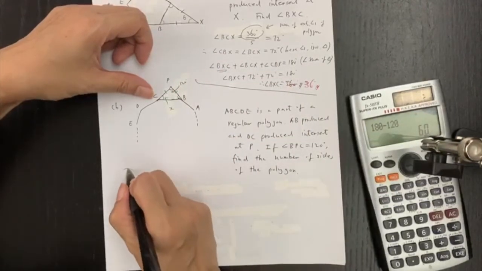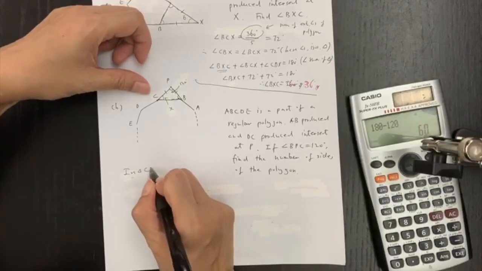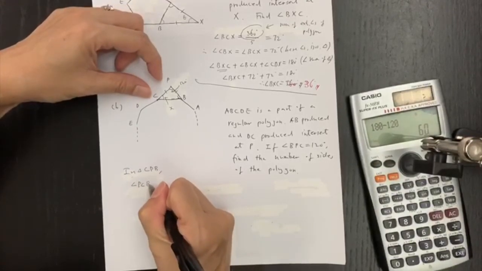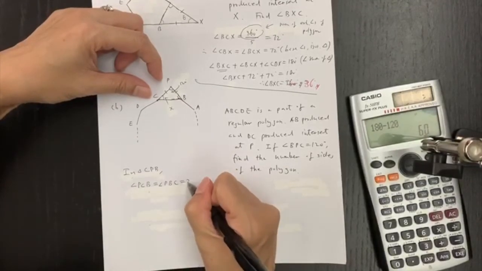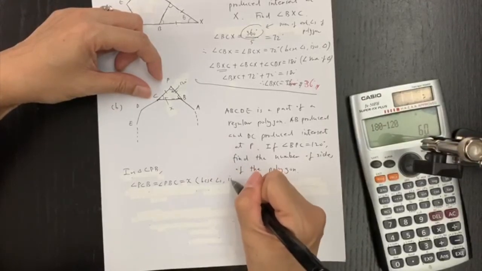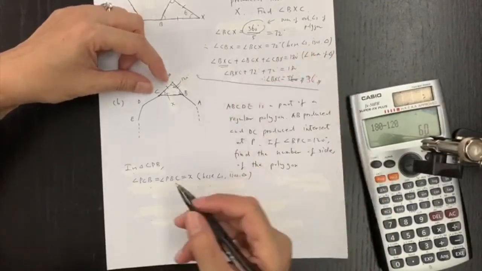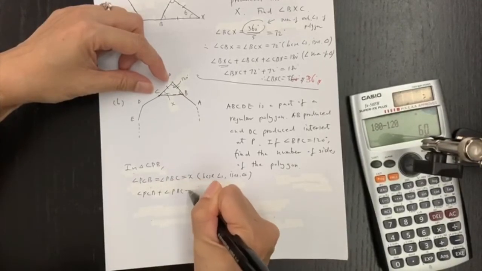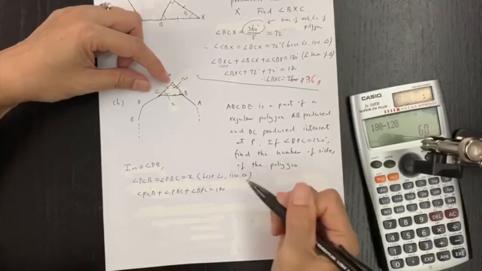So the steps will be: in triangle CPB, we have angle PCB the same as angle PBC equals x, and the reference is base angles, isosceles triangle. Now I can link these three angles together: angle PCB plus angle PBC plus angle BPC is equal to 180, is that right?